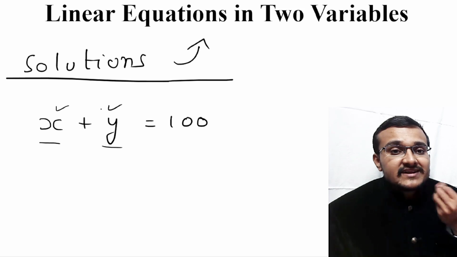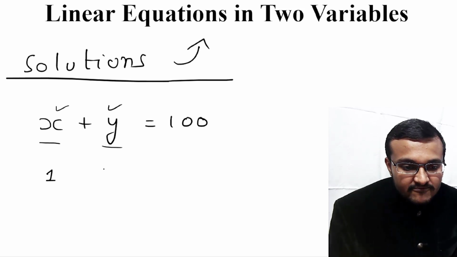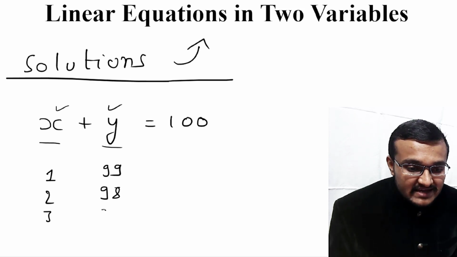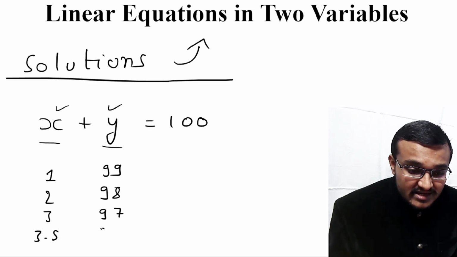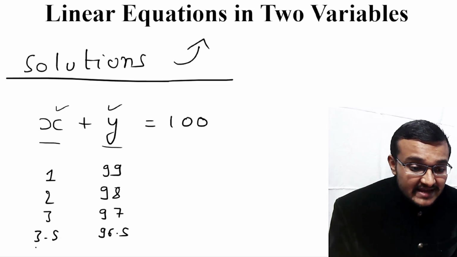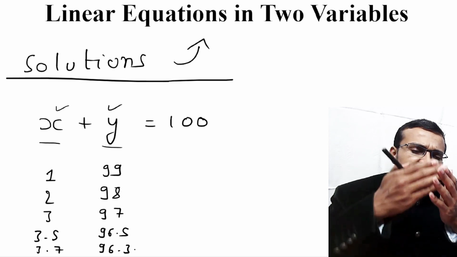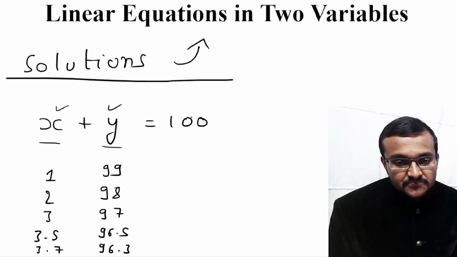That means infinitely many solutions are possible, because x can be 1, y can be 99, x can be 2, y can be 98, x can be 3, y can be 97, x can be 3.5 and y can be 96.5, x can be 3.7 and y can be 96.3. So like this, infinitely many solutions are possible for this equation.